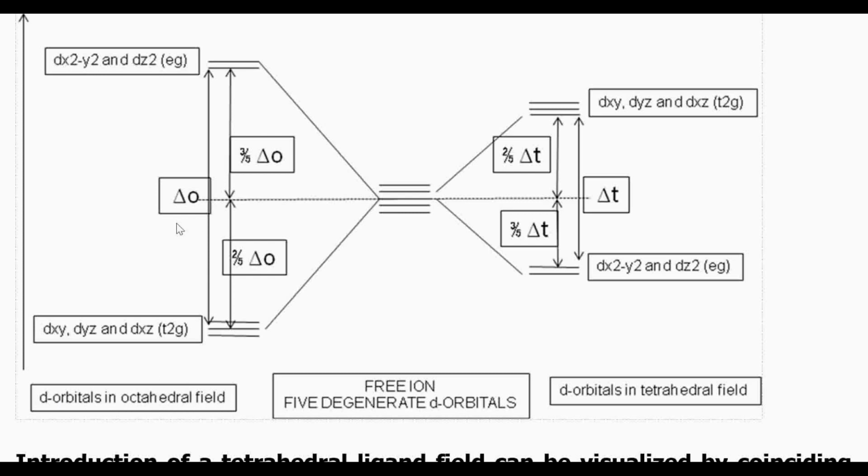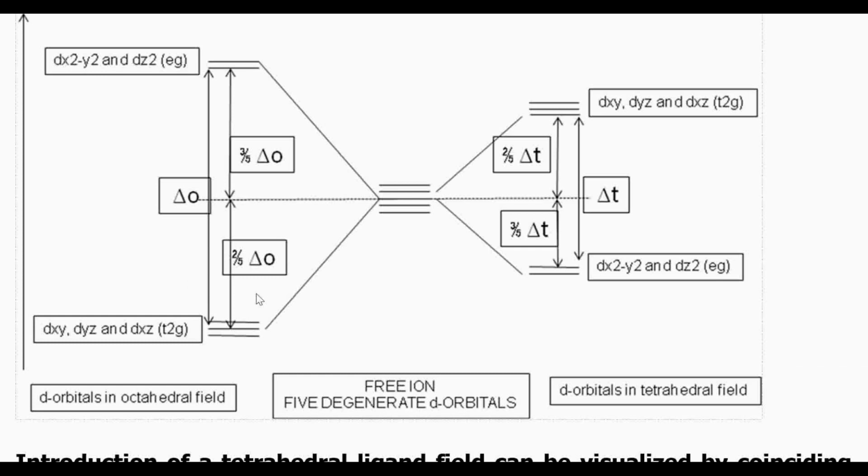When the octahedral ligand field is introduced, the degeneracy splits into two: T2g with lower energy, these are the dxy, dyz and dxz orbitals, and Eg with higher energy, these are the dx square minus y square and dz square orbitals. The total splitting is equal to delta O, and the increase in energy is 3/5 delta O in case of Eg, and the decrease in energy is 2/5 delta O in case of T2g.